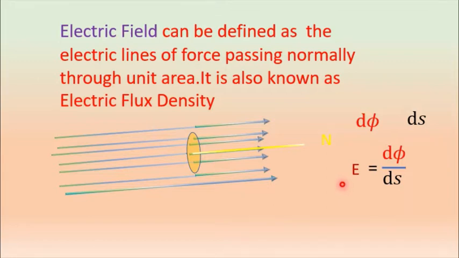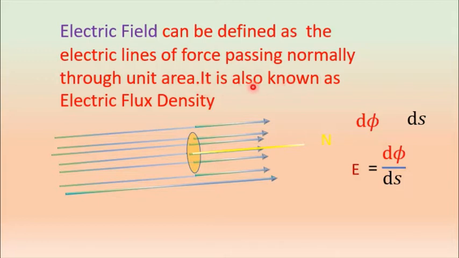If you consider the flux through unit area, that is represented by d phi by ds, that is E. Electric field can be defined as electric lines of force passing normally through unit area.